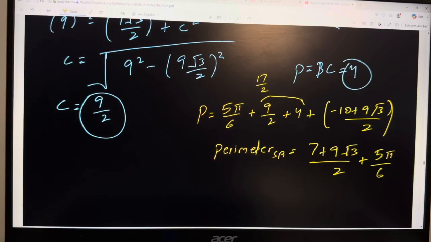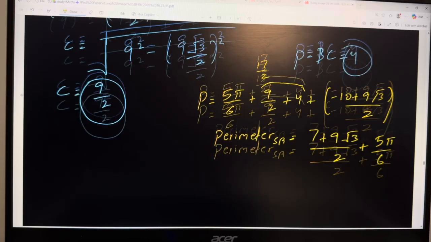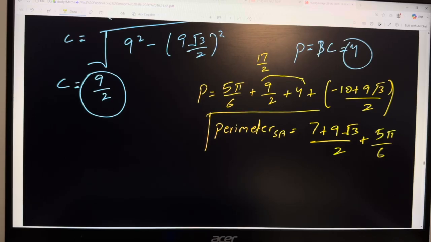If I try to join them this becomes a decimal, so we can leave it in this form. It consists of under root 3 and pi, so this should be correct.